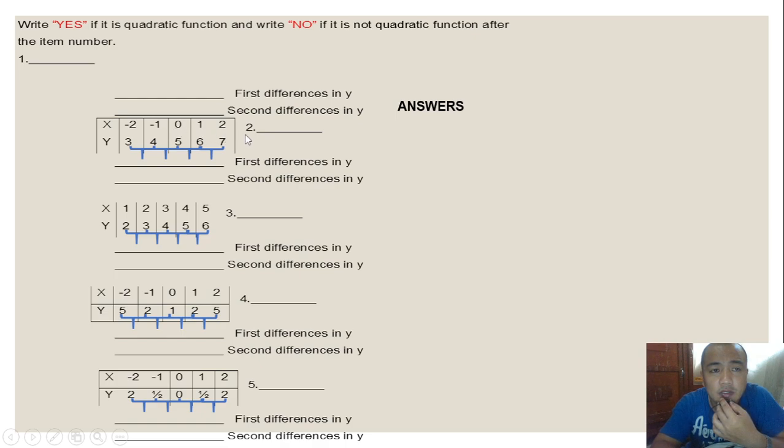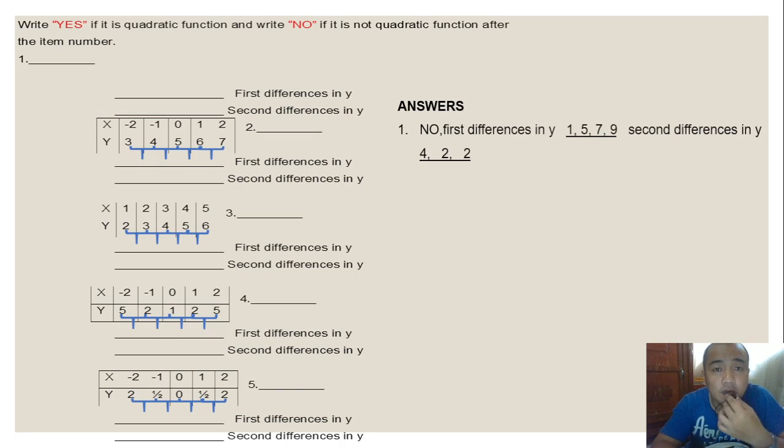So let's start with number 1. What do you think? Is this table quadratic function or not? By just looking at the table, describe mo yung first differences and second differences. So for number 1, no, it is not a quadratic function. Okay, all the given tables here have first differences in y of 1, 1, 1, 1. Titignan na lang natin dito, second differences in y, if they are equal.